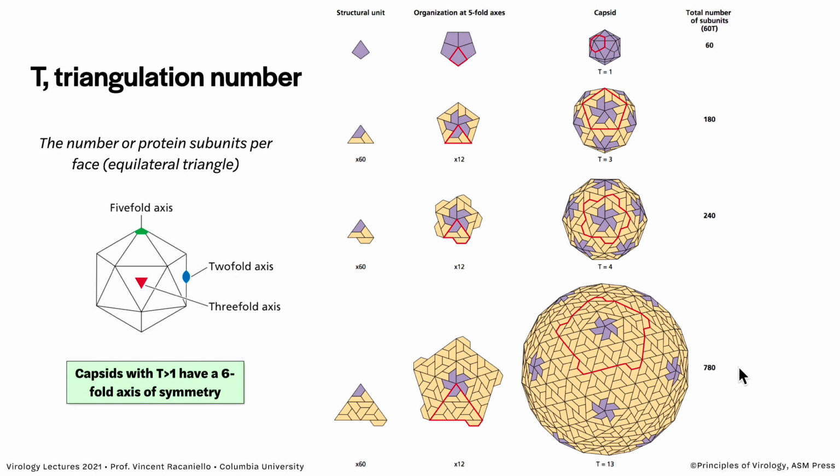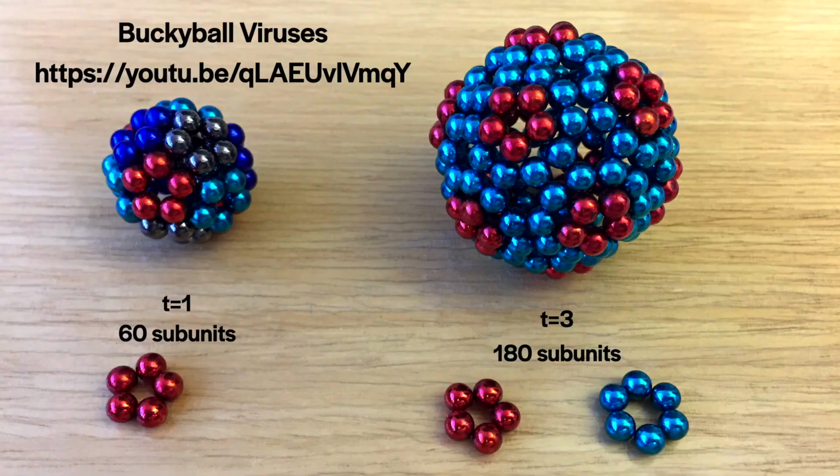It just describes the number of subunits per equilateral triangle on the icosahedron. And remember, anything with greater than T equals 1, you get 5- and 6-fold axes of symmetry, or pentamers and hexamers, we should say. The smallest ones have equivalent interactions with just pentamers, but as soon as you add more, T equals 3 or higher, you get pentamers and hexamers.